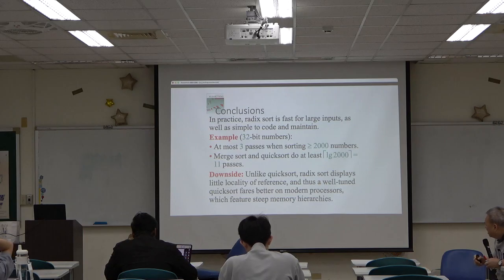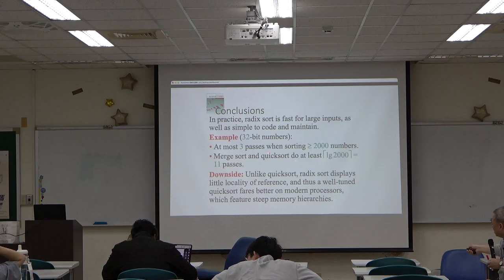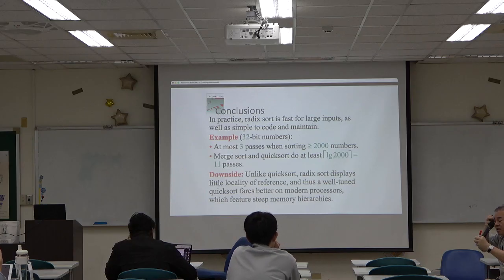But when the number is not that big, for example 32-bit numbers, so at most 3 passes, when sorting like 2,000 numbers, merge sort and quick sort, because the best case is to divide evenly into a kind of binary tree, requires log 2,000, so roughly 11 passes.